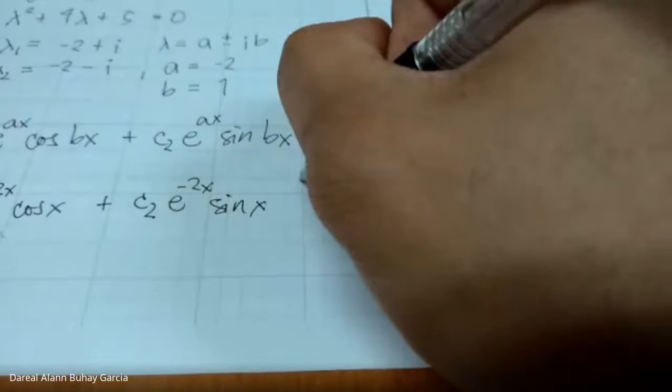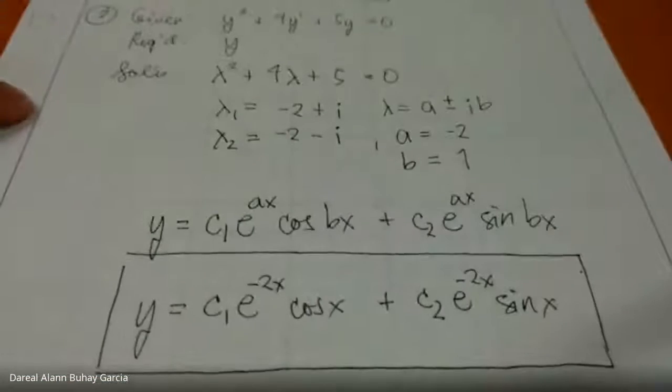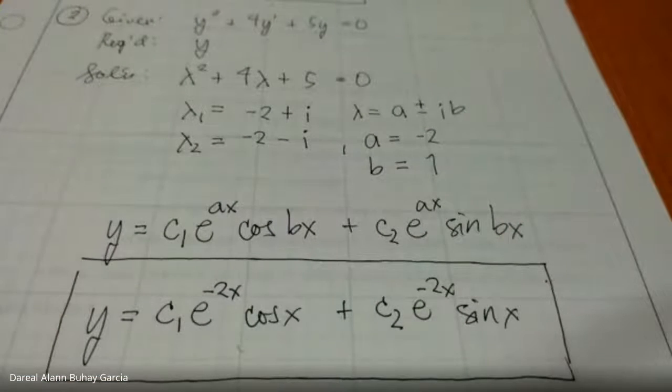The final answer is C1 e^negative 2x cosine x plus C2 e^negative 2x sine x. Final answer. Questions? None. Okay.